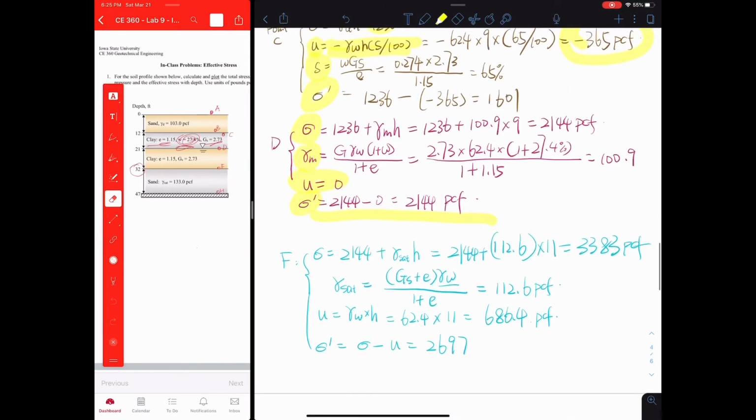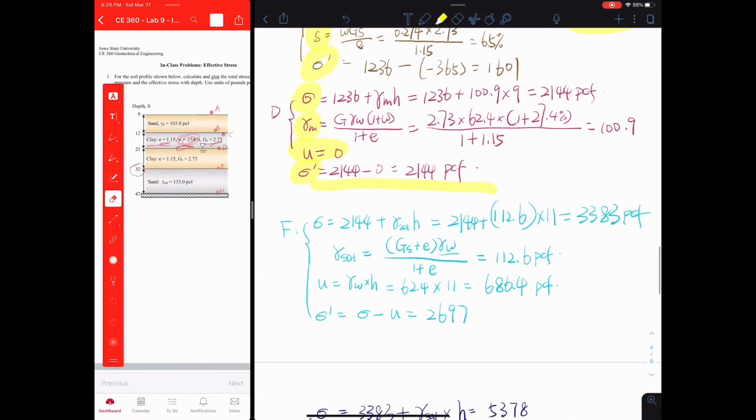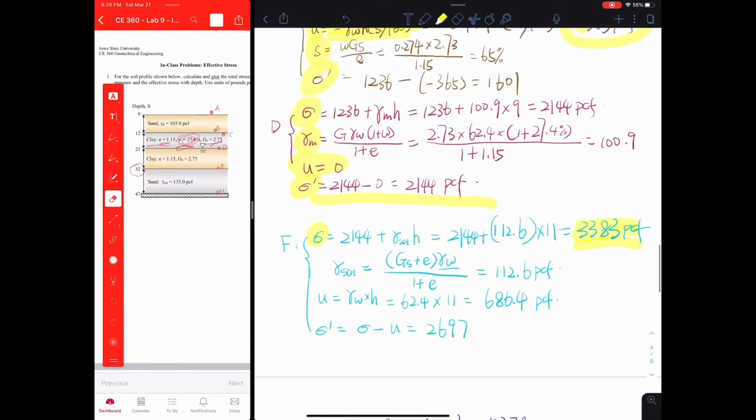We use this equation to calculate gamma sat to be 112.6 PCF. And then we plug this into the total stress equation, and we can calculate the final answer to be 3383. Remember that we need to add this 2144. This one comes from point D.